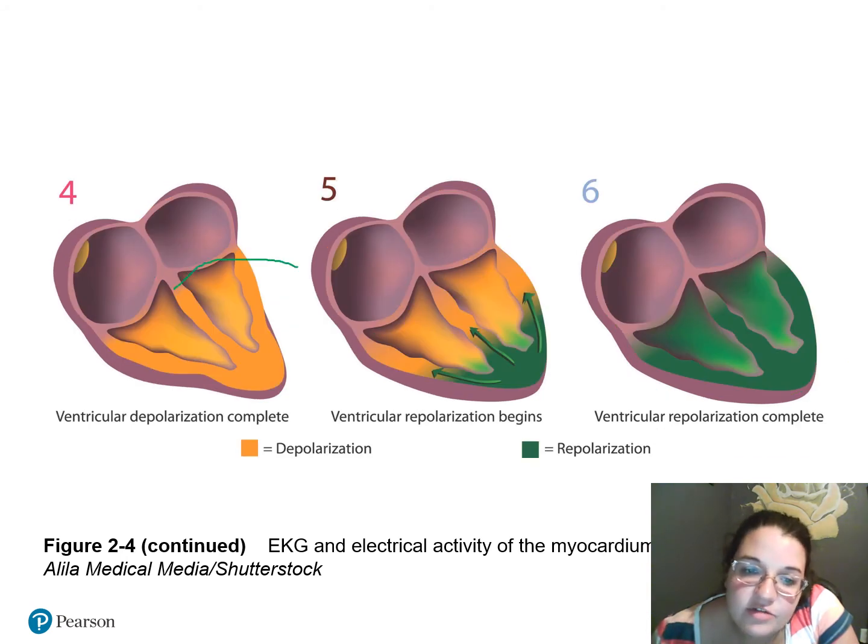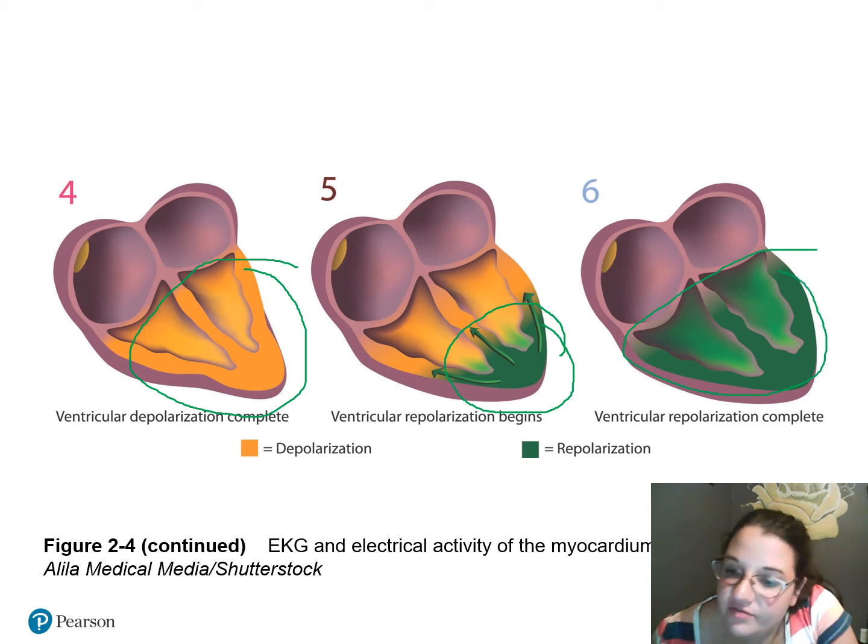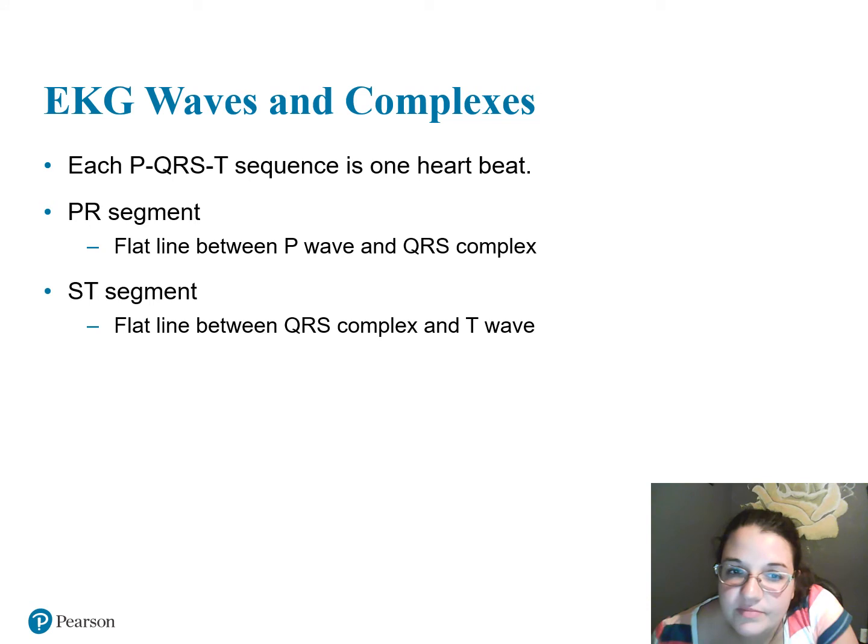Notice my ventricles are completely highlighted now, so they are in full contraction. And after that contraction has completed, I then start to repolarize. Early repolarization, rapid repolarization. So each PQRST sequence is one heartbeat.